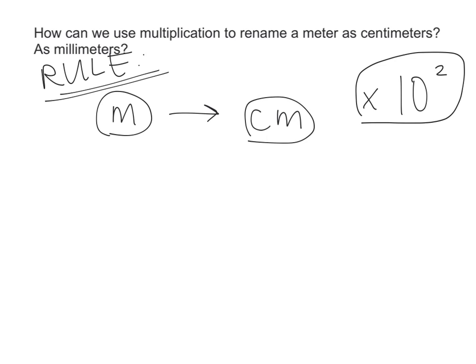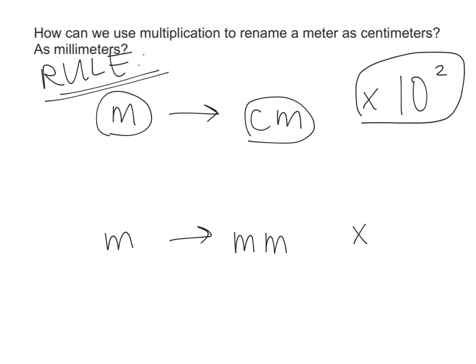Right? Now, what if I'm changing from meters to millimeters? Is the unit getting smaller or bigger? Aditya? It's getting smaller. So should my number be getting bigger or smaller? Bigger. So if my number is getting bigger, am I multiplying or dividing? Multiplying.